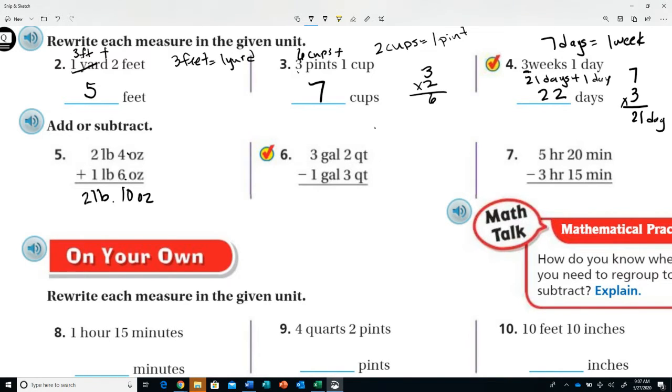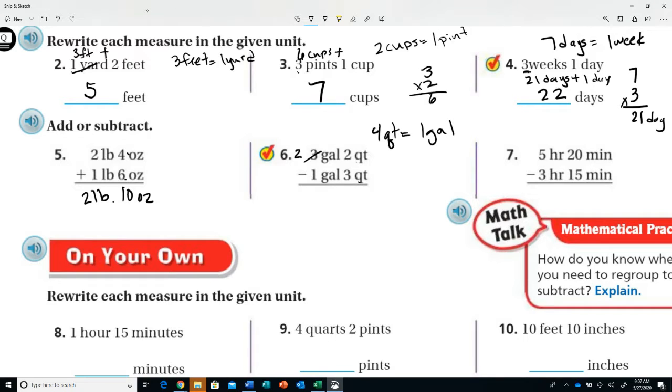Number 6. Here we go. Gallons to quarts. So first things first, 4 quarts equals 1 gallon. So now we get this problem with the 2 quarts and the 3 quarts. I can't take 3 quarts from 2 quarts because that just doesn't work. You would be negative. So I'm going to change the top. So instead of saying 3 gallons, I'm going to say 2 gallons.